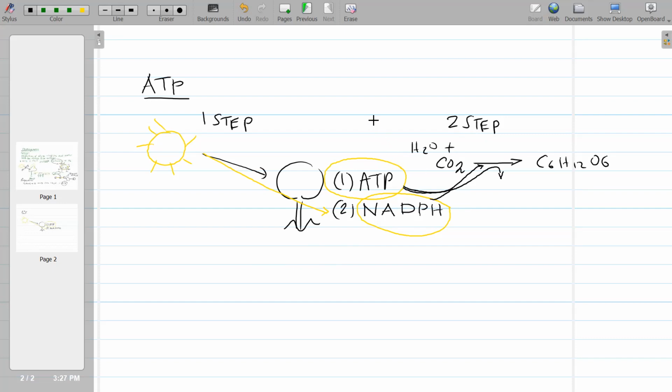Now, in the second step of photosynthesis, light is not the main requirement. It can happen in the presence of light or in the absence of light. Light is not the important factor. But the first step needs light. So we call the first stage the light dependent reaction.